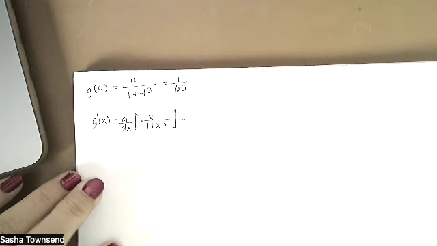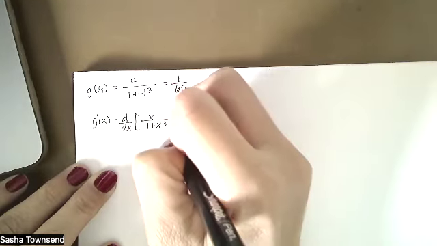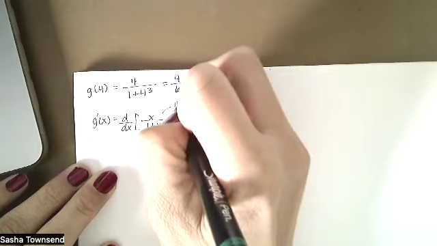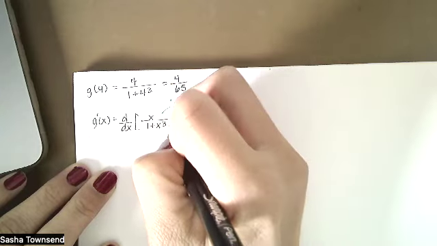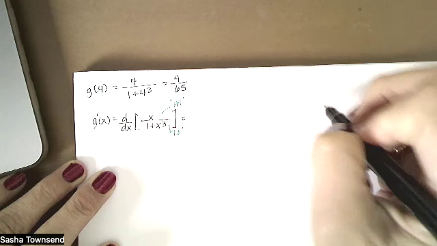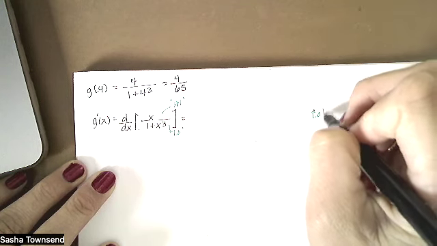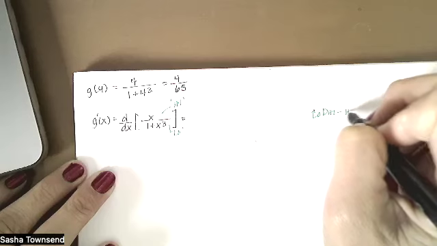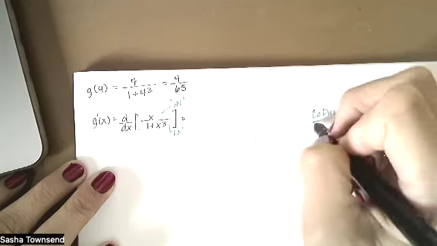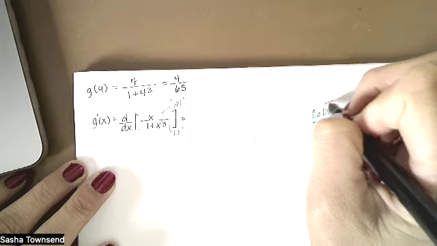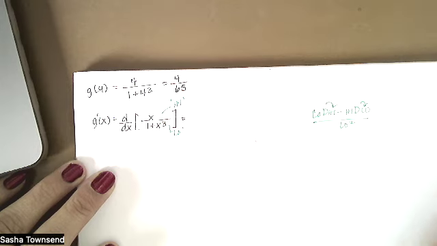If we call the function on the bottom the low function, and this is the high function, I know that's not how you spell low and high. The mnemonic for the quotient rule is low d high minus high d low over low low. And the d is an operator, it applies to whatever's in front of it.